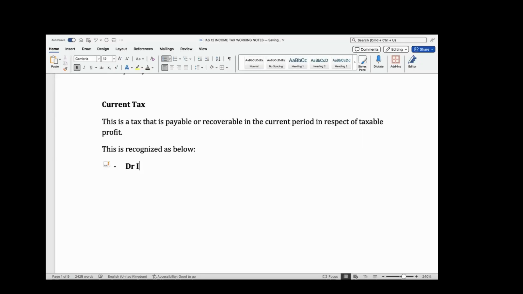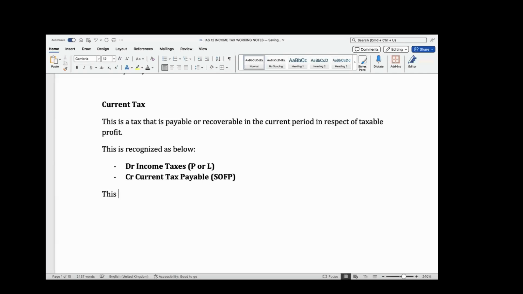So usually we would say you're debiting your income tax expense, because it's part of your income tax, that you're going to debit from your P&L, and you're going to credit a current tax liability, or let me call it current tax payable, which would show in your statement of financial position as a current liability.